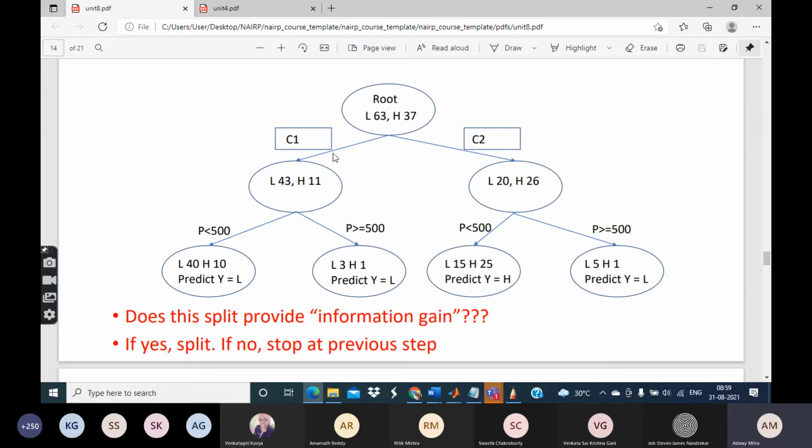Based on feature number 1, you decide which way to go. Then you query the next feature, let's say feature number 6, and decide which way to go, this way or that way, accordingly.